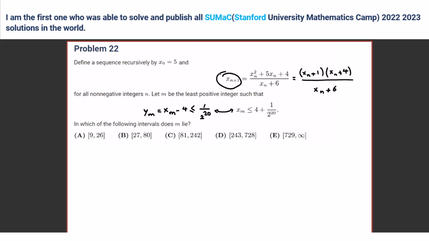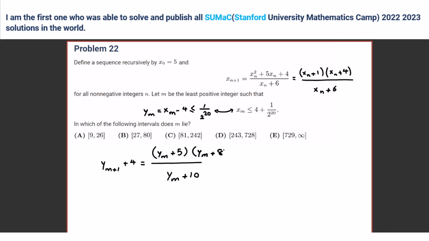So x_{m+1} will be y_{m+1} plus 4, right? Yeah, y_m plus 5. Next one is y_m plus 10, right? Yeah, y_m plus 5, y_m plus 8, right?